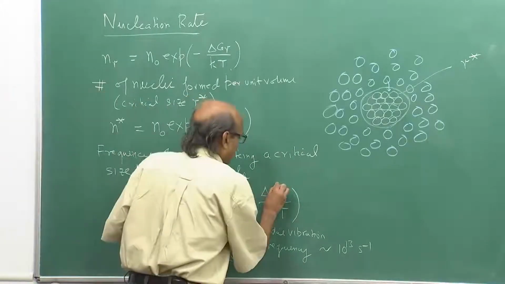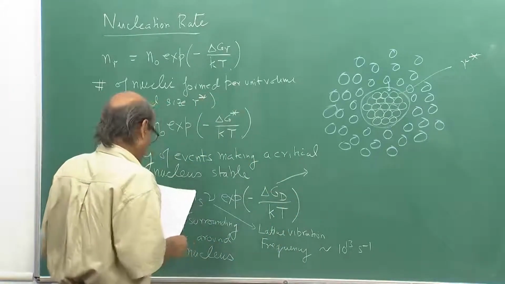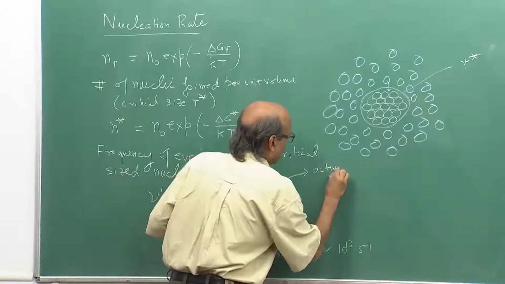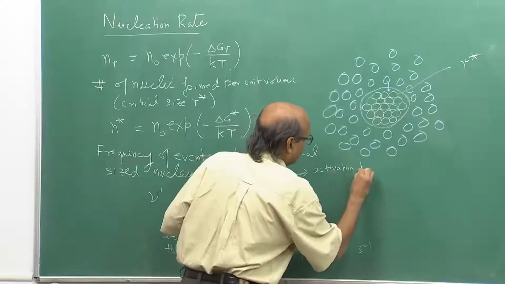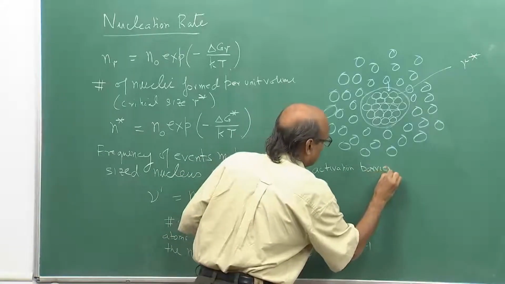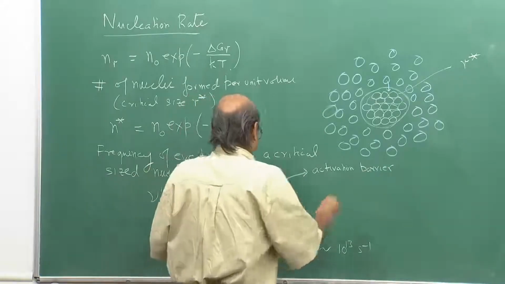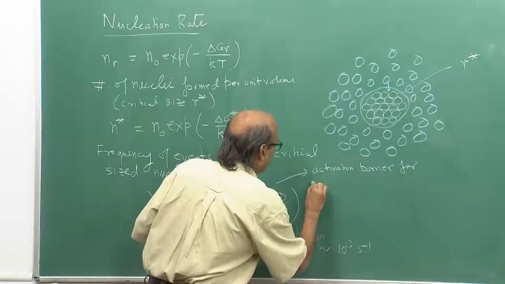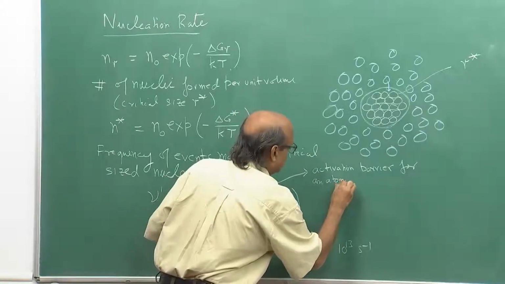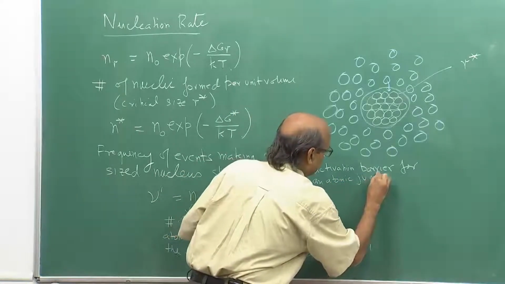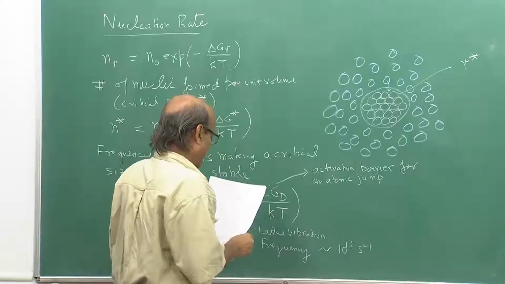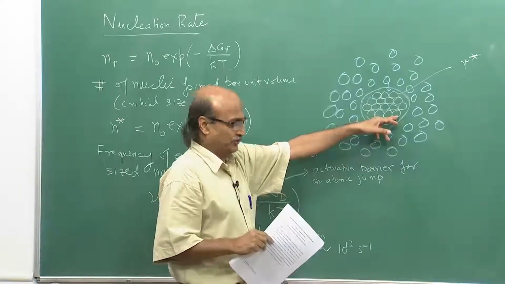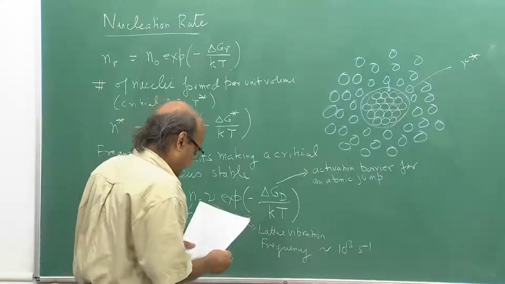If I look at delta Gd, this is the activation barrier for an atomic jump from the liquid across the interface and the atom joins the nucleus.